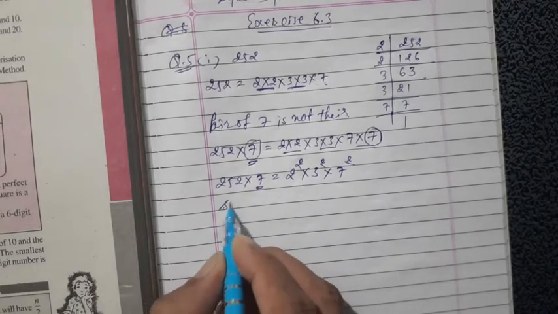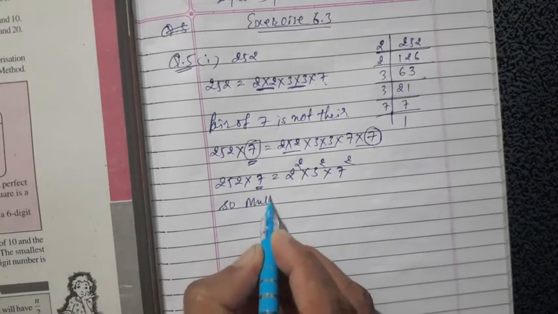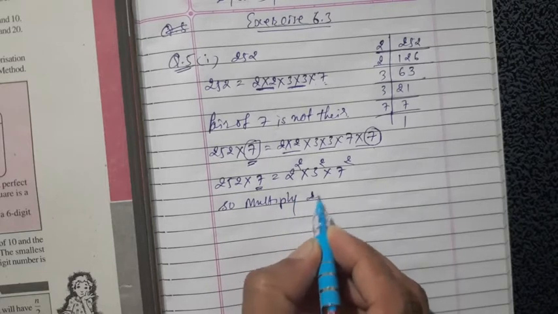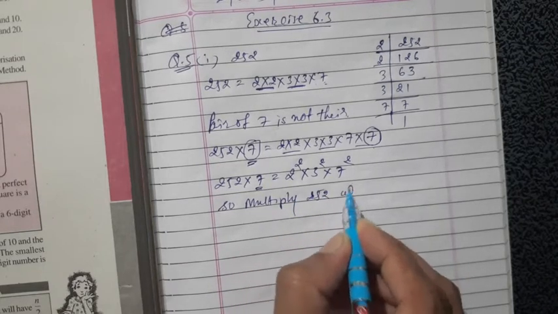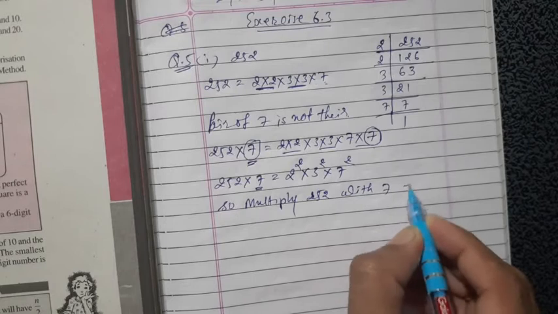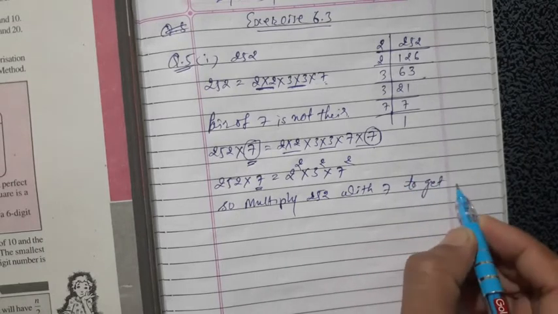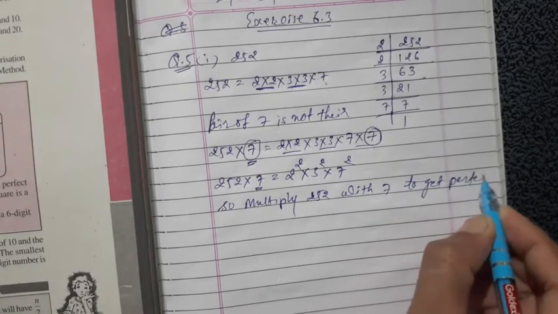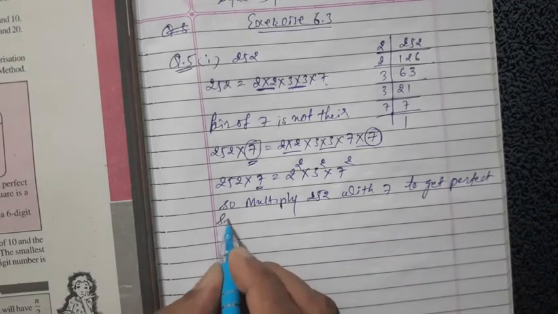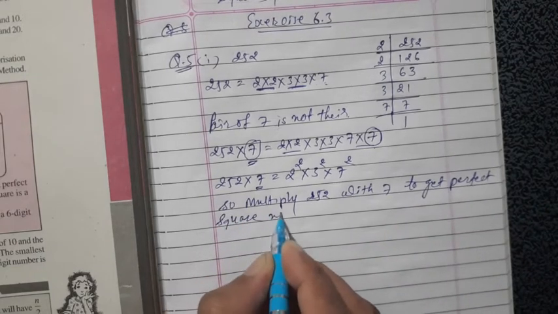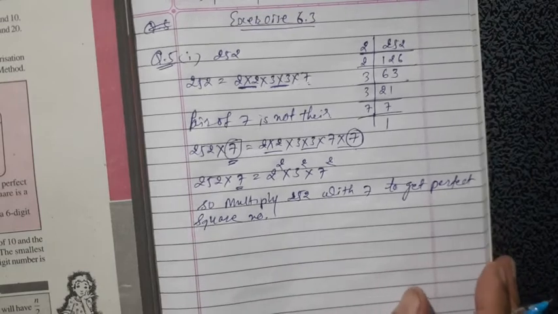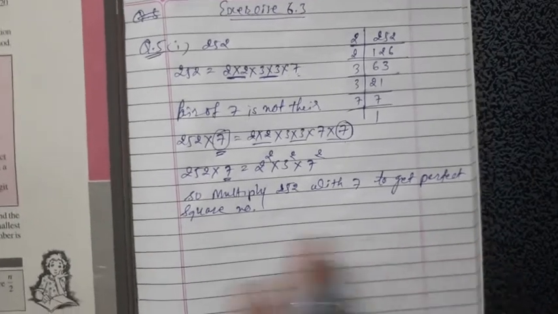So multiply 252 with 7 to get a perfect square number.